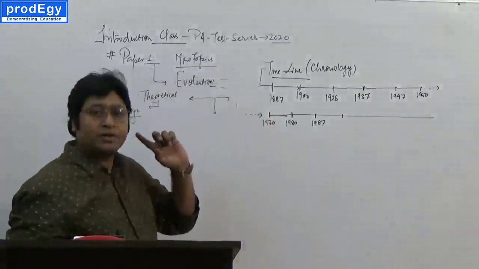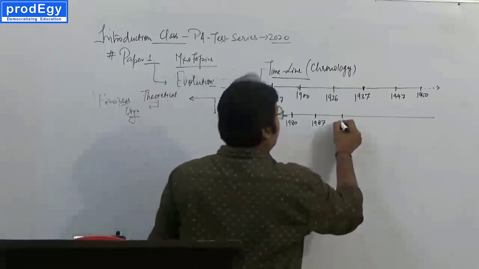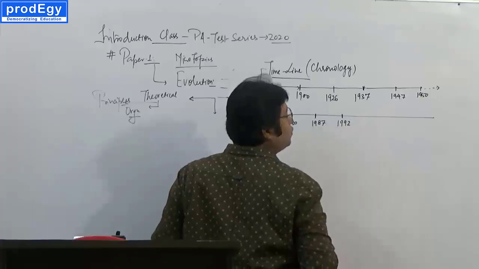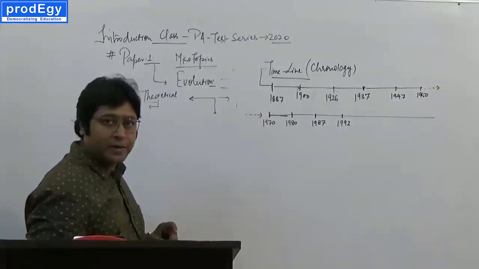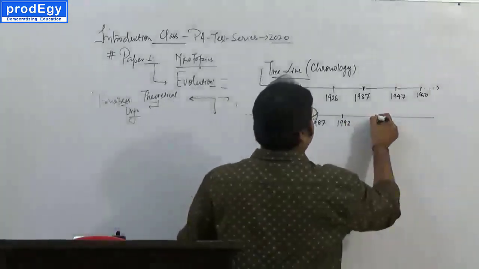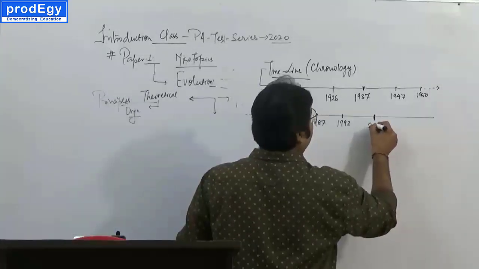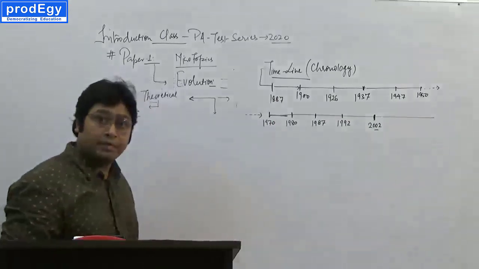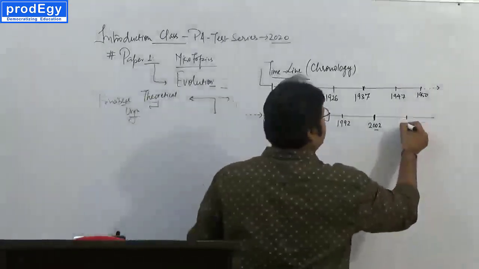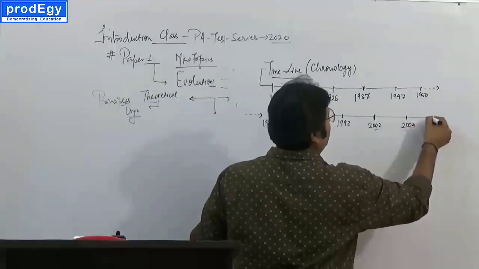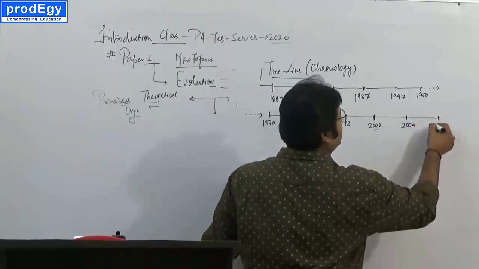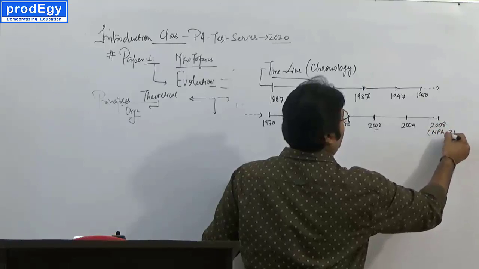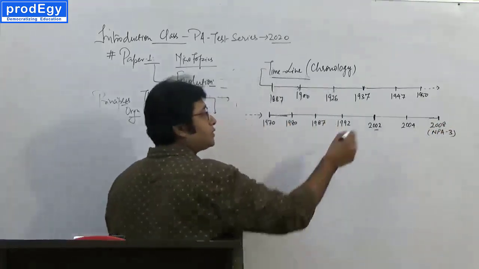Between them, there will be numerous developments, no doubt. Then you have 1992, the new public management comes. 2002, the NPS comes. 2004, the neo-Weberian state comes. 2008, NPS 3 comes.